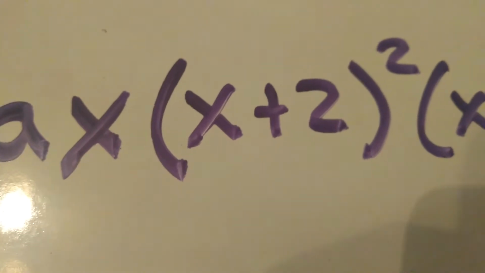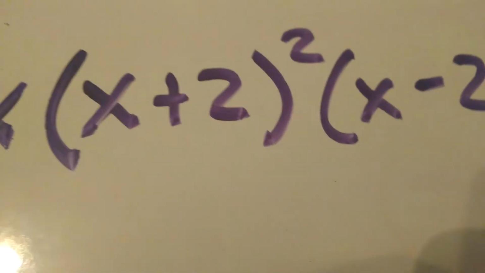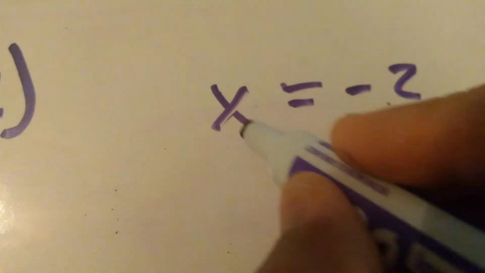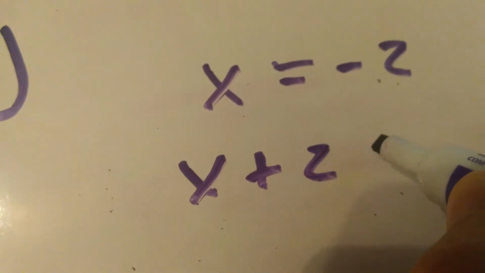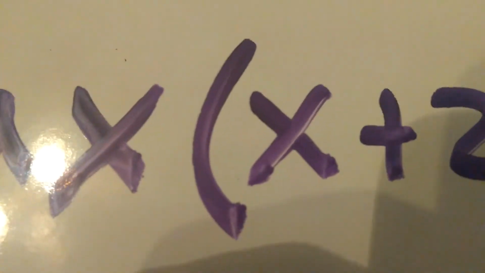Remember, we're working backwards now. Because we know x equals -2, all I do is add this back and the factor is x plus 2. So that's how I got the x plus 2.